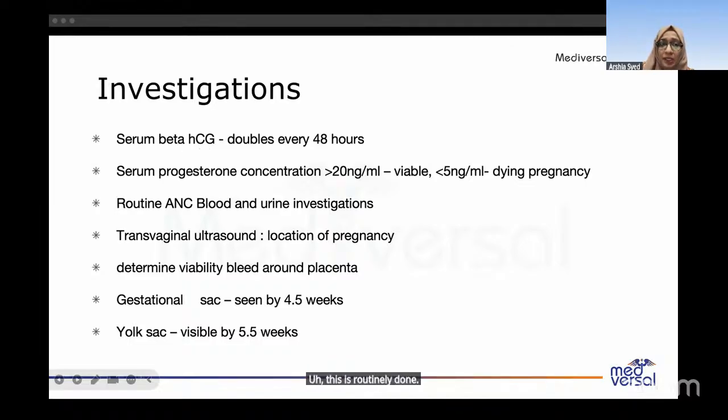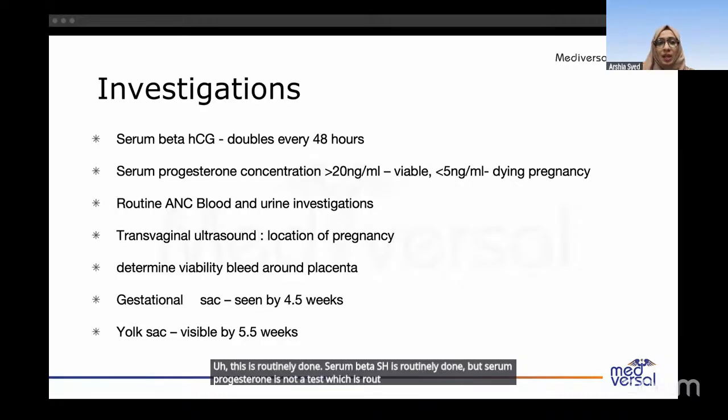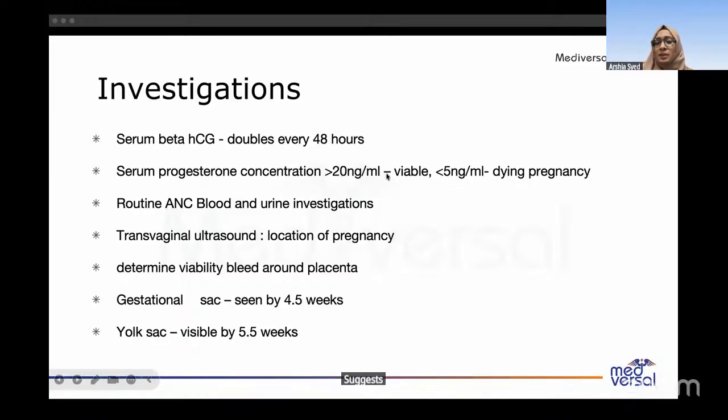Serum beta HCG is routinely done, but serum progesterone is not a routine test. Just for understanding, a progesterone level more than 20 nanogram per ml suggests a viable pregnancy. Less than 5 denotes a dying or failing pregnancy.